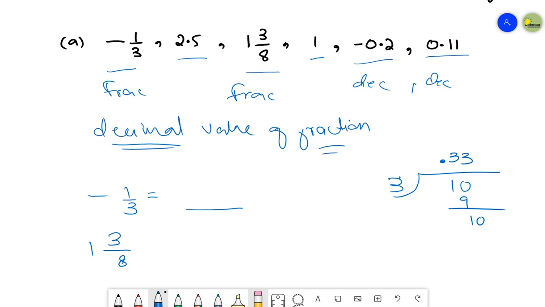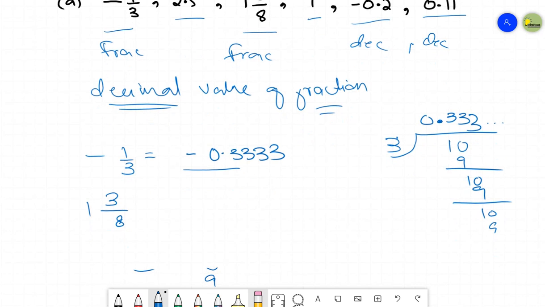Then 3 3s are 9. Then again you have 1. You need to add a 0. Then 3 3s are 9. So this is a recurring decimal. It is going to be repeated. So we can say that the decimal value of 1/3 is, minus remains minus, then you have 0.3333. Let's consider 4 decimal places, right?